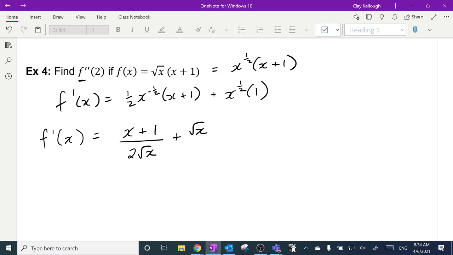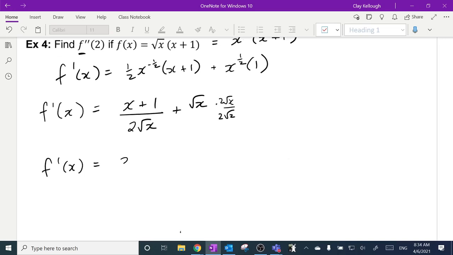And since I have to do a derivative of this again, maybe I'll actually combine that into one thing so that I can just use my quotient law on it. Right? If it's one expression, I can just use quotient law. So I'm going to multiply top and bottom of this thing by 2 root x over 2 root x, so that they have a common denominator.